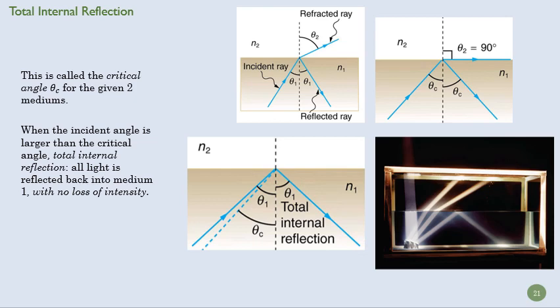And this is actually a cool image over here. You have incoming light that hits a mirror or something with different angles. You can see the light moving from the slow material into the fast one. It gets refracted a little bit, it gets refracted more, and then at some point it all gets reflected back into the water. Here you can see a little bit of this is being reflected back, but here everything gets reflected.